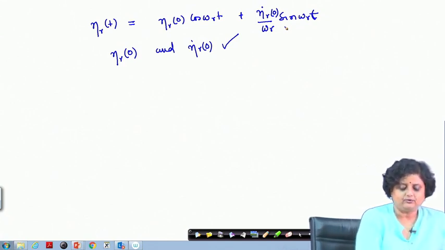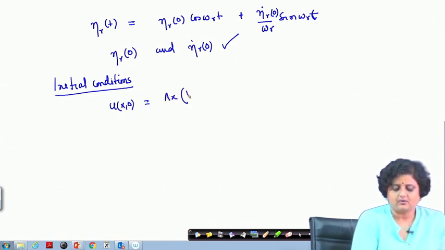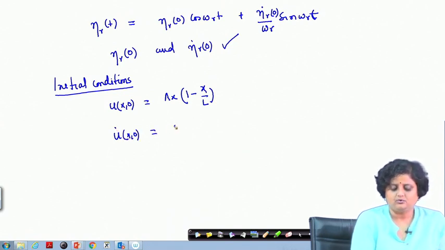Now, what is given to me? The initial conditions given: u x 0 is a x 1 minus x by L and u dot x 0 is equal to 0.